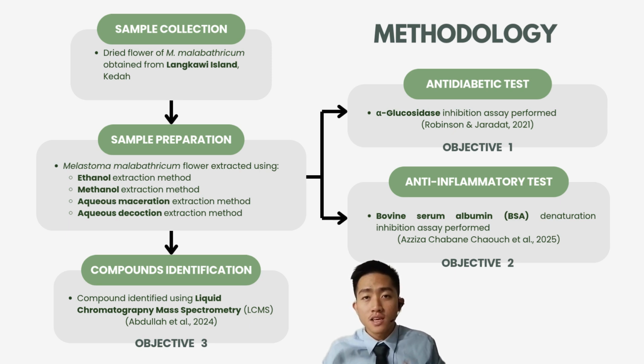After that, these samples were tested for anti-diabetic and anti-inflammatory properties using alpha-glucosidase inhibition test for the anti-diabetic test and bovine serum albumin denaturation inhibition assay for the anti-inflammatory test to answer the first and second objective respectively. Lastly, to answer the third objective, liquid chromatography mass spectrometry was conducted on all the samples for compound identification.